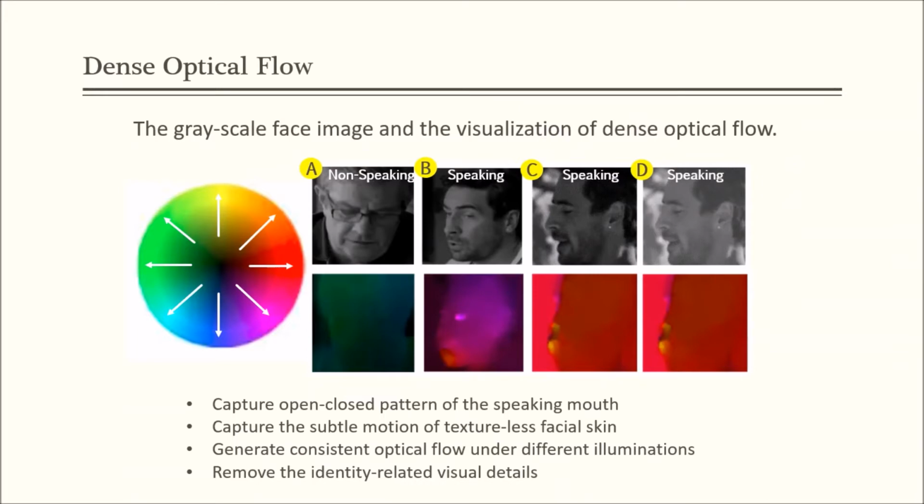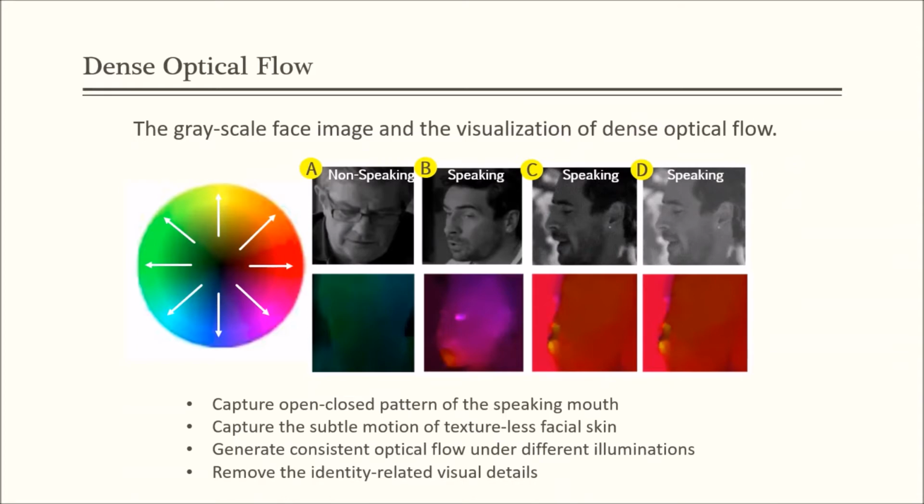The dense optical flow describes the motion vectors of all pixels of the image. As this image shows, dense optical flow has several advantages over the grayscale image. First, it illustrates unique motion patterns, like the opening and closing of the speaking mouth.